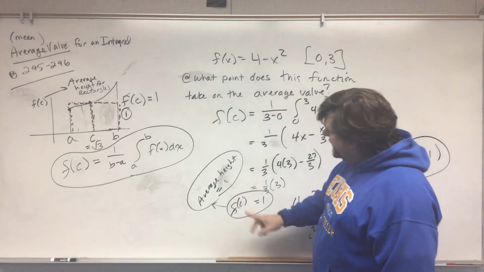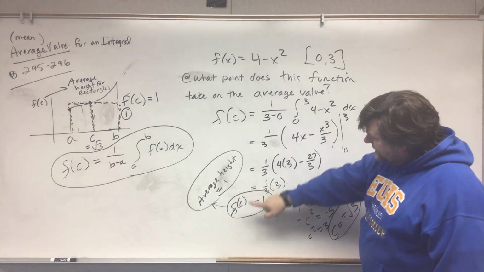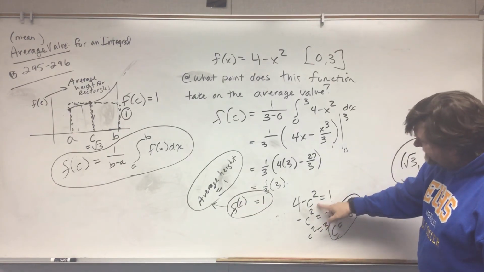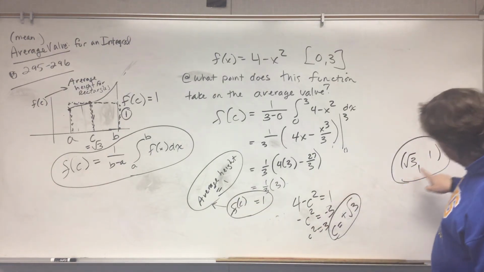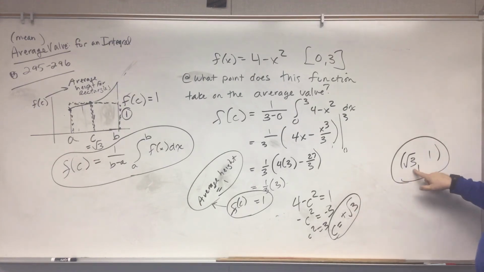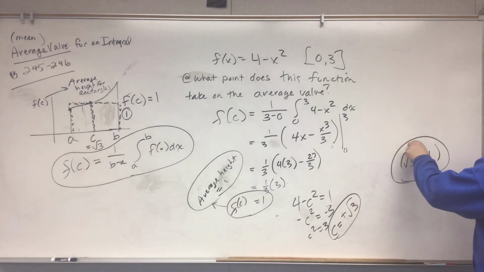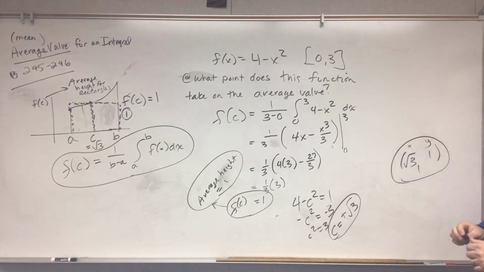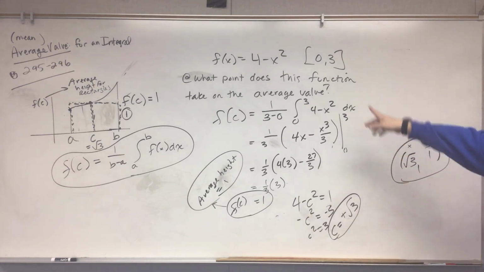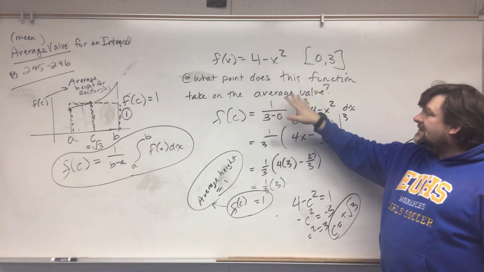If they ask for the point, we take the function, substitute c in for it, set it equal to the average height because that's our y value, and then solve for our x value. This is the point that takes on the average value.